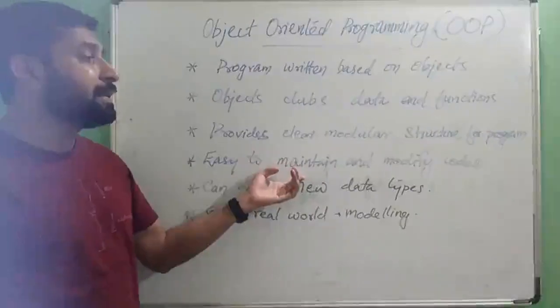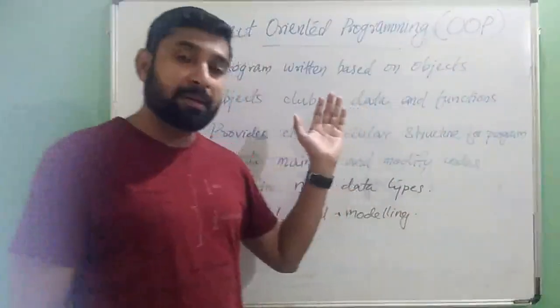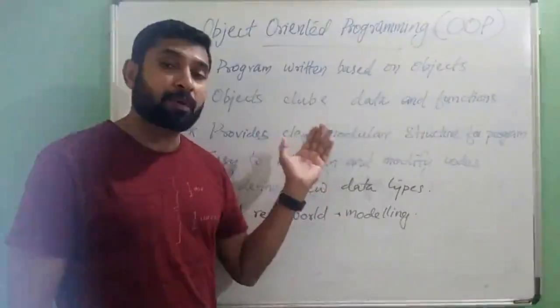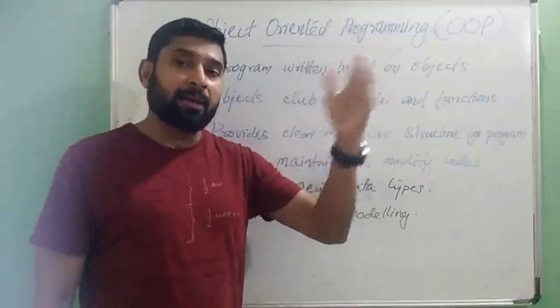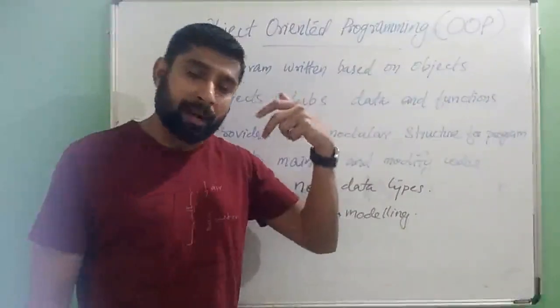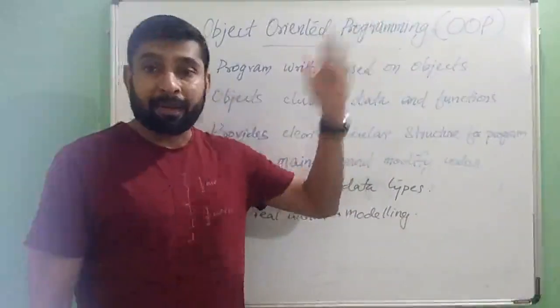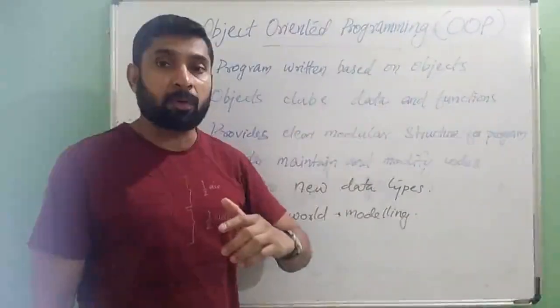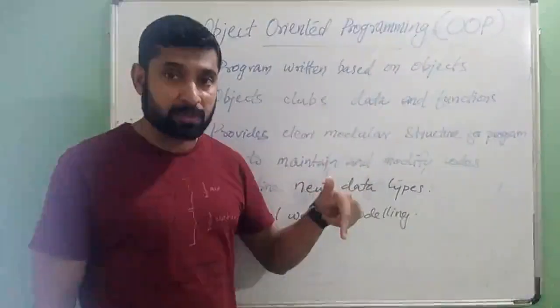Then, it is easy to maintain and modify code. We have seen that procedure-oriented programming has the limitation that if you add a new data item or a new variable, we need to rewrite the entire code where this data or variable is to be used.